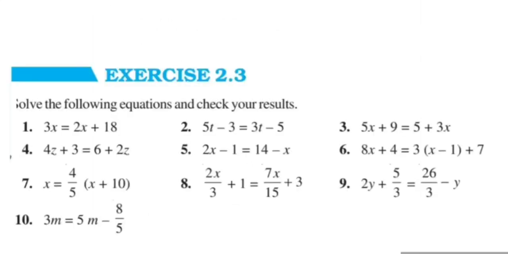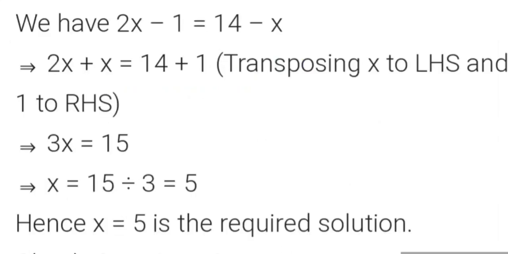Now let's see number 5. It is 2x minus 1 is equal to 14 minus x. So first we will transpose x to left hand side and 1 to right hand side. So it will come 2x plus x is equal to 14 plus 1.